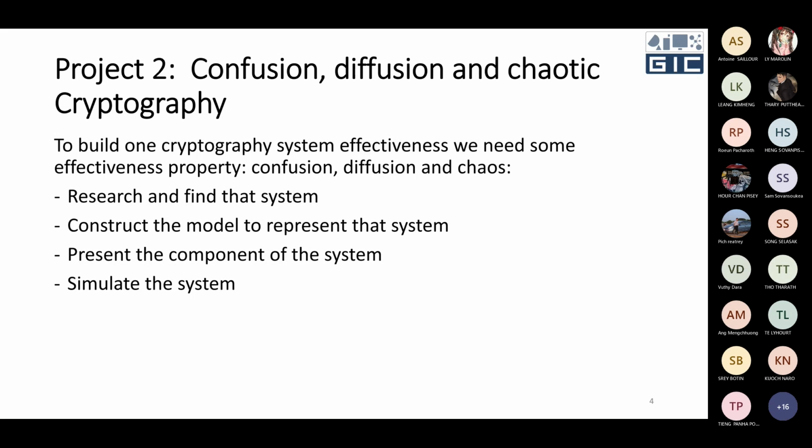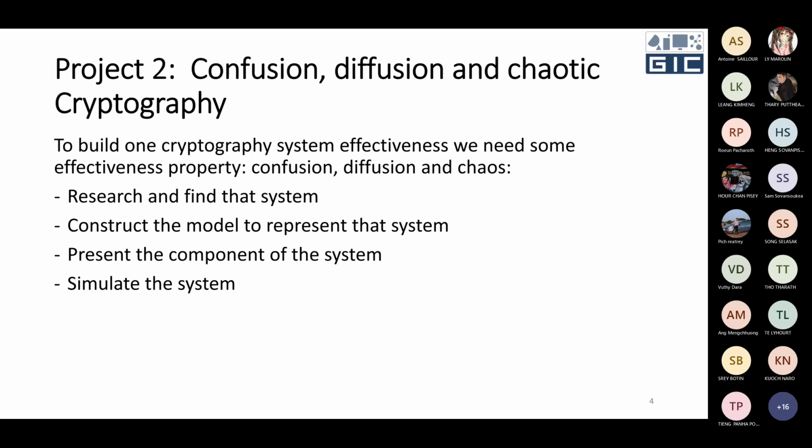So the goal is, when you have found one system for the purpose of cryptography, construct a model. Some papers already have their model. You can just take that model, learn about it, and present it.